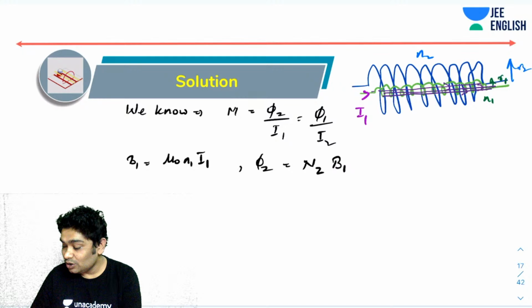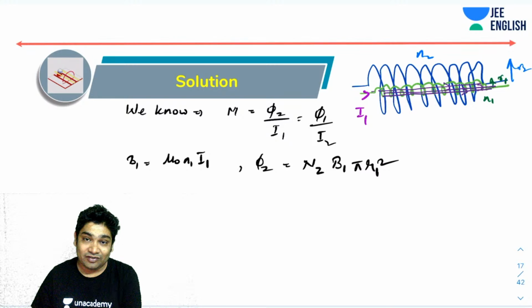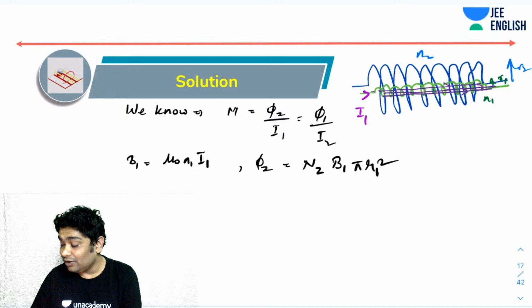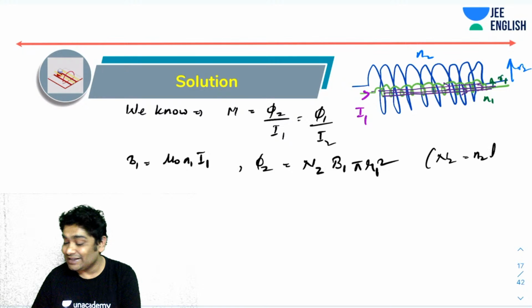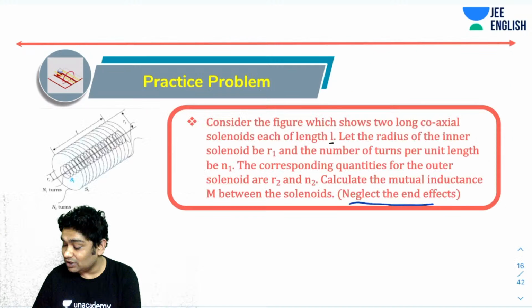So the area you realize would be pi R1 square. Do you agree that this is how I could have written phi 2, where N2 would be small n2 times L, where L is the length of these solenoids? Both these solenoids are of length L, which was given to us.